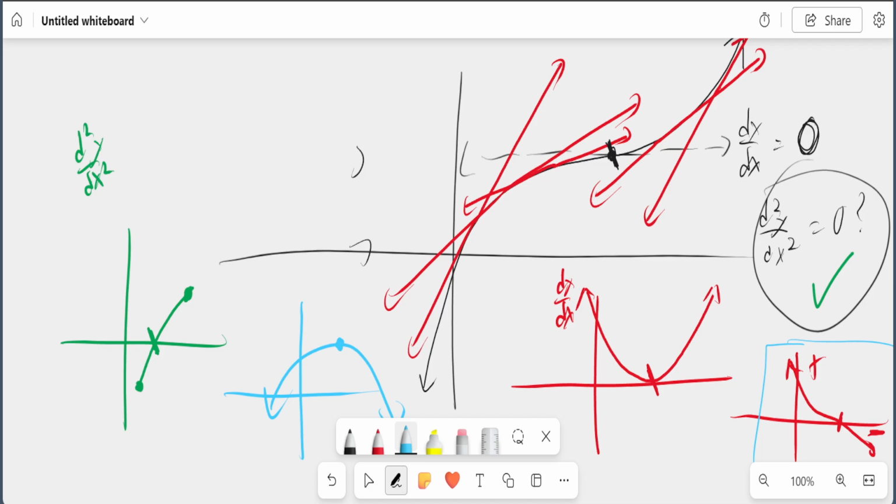If it goes from positive to negative or negative to positive, then it's a point of inflection, right? Because it inflected. If it just goes from positive, hits 0, and comes back up, our double derivative I'm talking about, then it's not a point of inflection because it didn't do anything. Does that make sense?